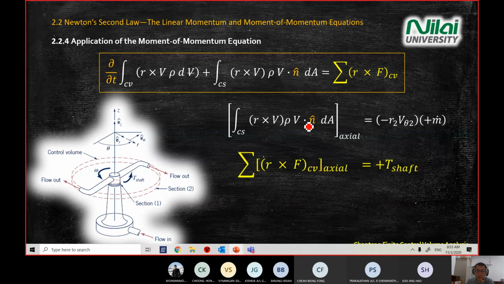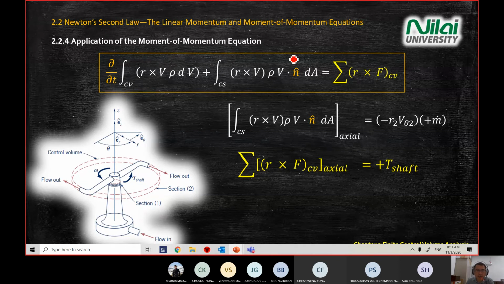We have seen these two just now. So this is our MOM equation. We have terms 1, 2, 3. We explain the first term: when our flow is steady, the first term equals 0.